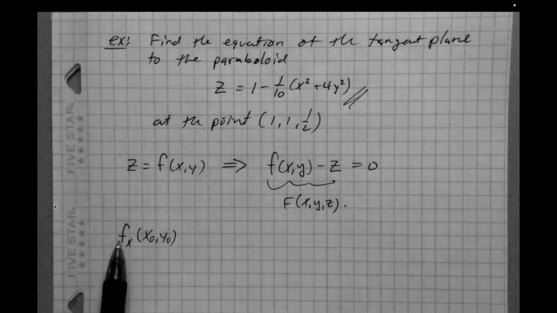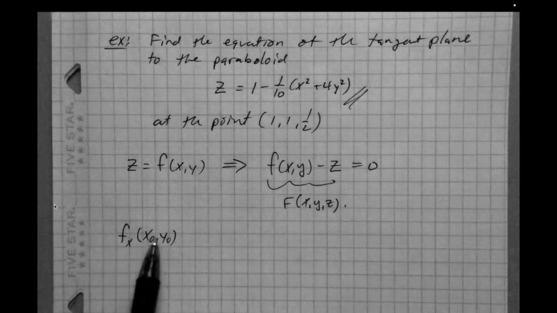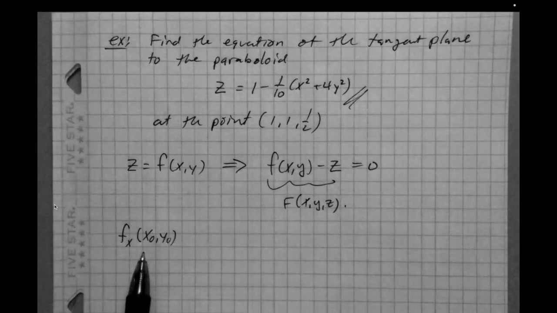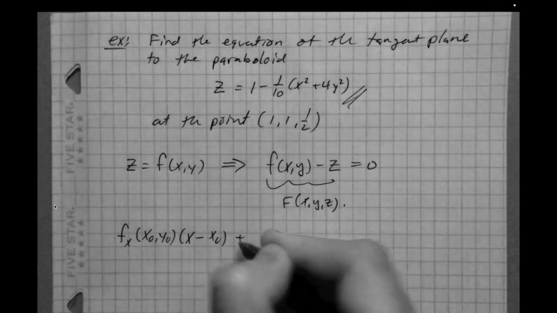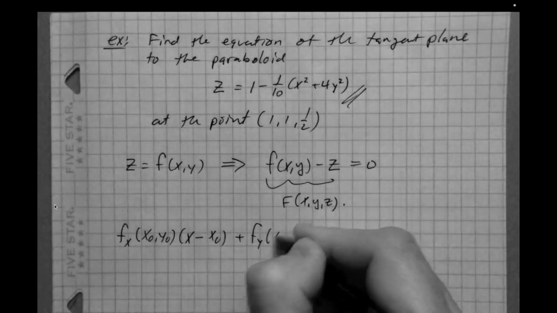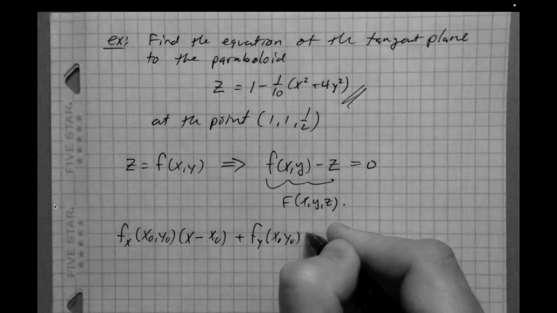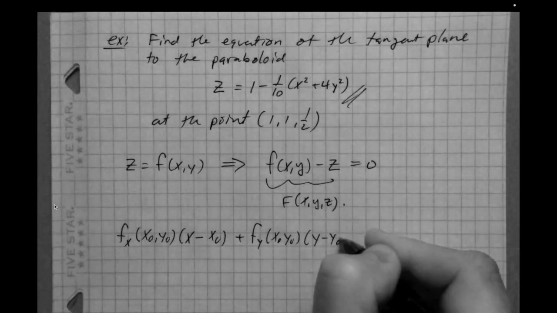The partial of f with respect to x evaluated at the point x naught, y naught, times x minus x naught, plus the partial with respect to y evaluated at the point times y minus y naught.